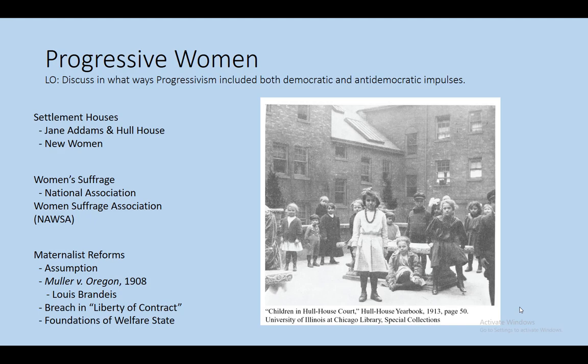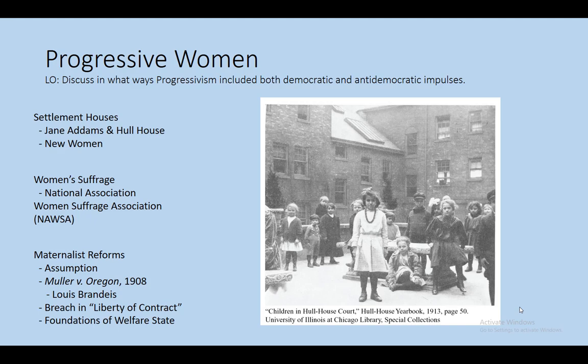On the one hand, women were given protections that men of the time deserved but were not given. But on the other hand, it made them into this kind of special class where they're being characterized as weak and not capable. That being said, this is where the foundations of the welfare state were laid.